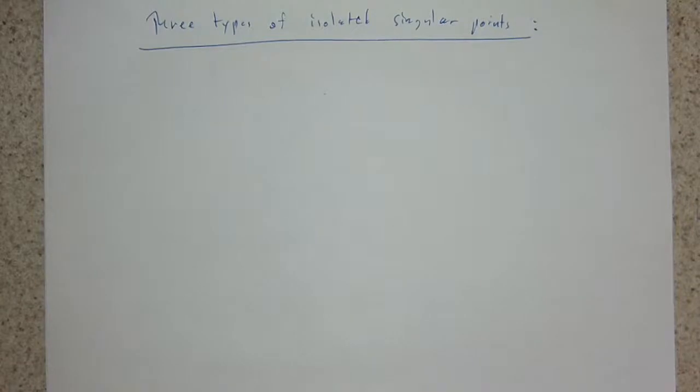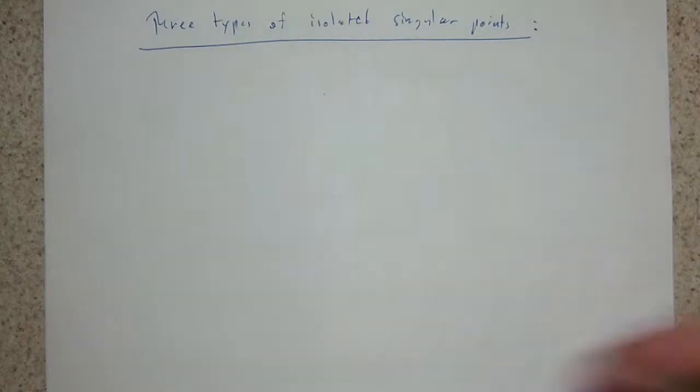I should clarify that 2 of these we will view as having nice behavior of the function near those singular points. And there's one type, which I've mentioned before, where the behavior of the function is a lot crazier and maybe less regular near that type of isolated singular point.